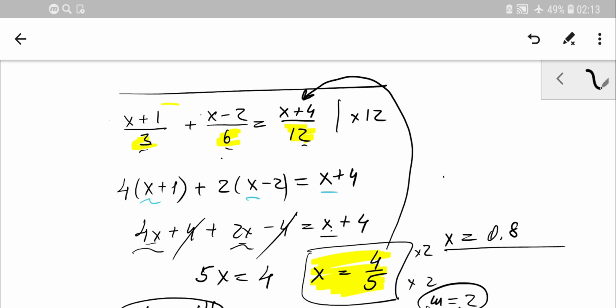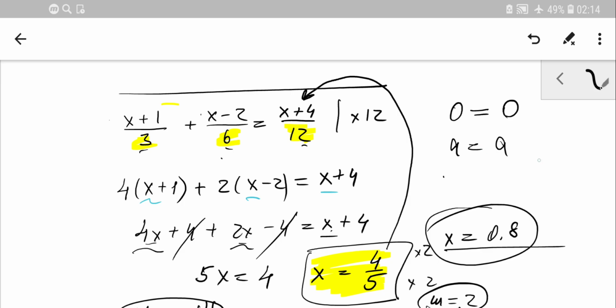Just use a calculator and put in the value x equals 0.8. What should the solution give you? It should give you a right equality. For example, 0 equals 0, or something equals something. You need to arrive at a right equality instead of an equation, because once you found your solution, you don't have variables anymore.